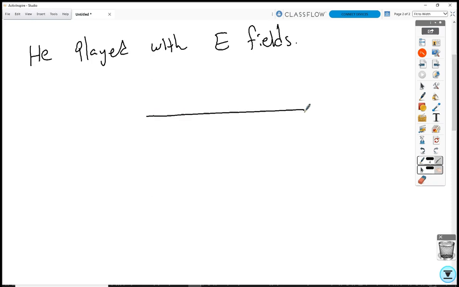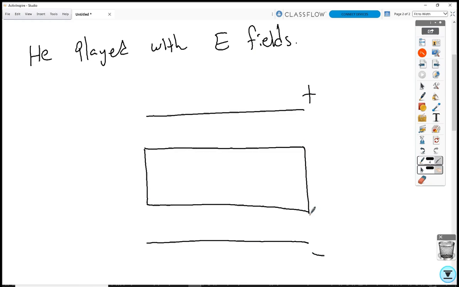So if he's got two parallel plates, plus and minus, in between those plates he'll put a fluorescent grid. And then if he directed his cathode rays in between these fields, he would see that the electrons would deflect like a parabola.